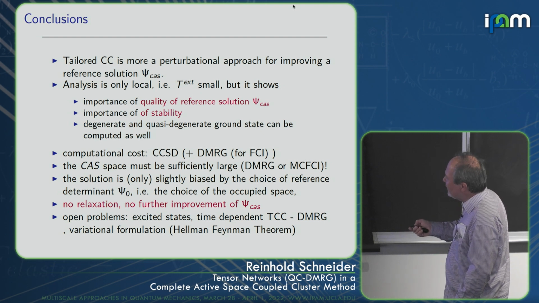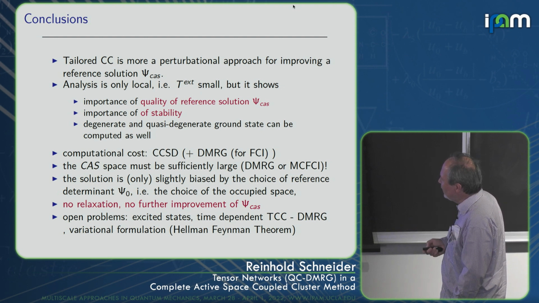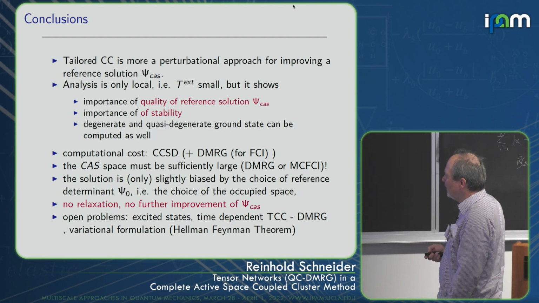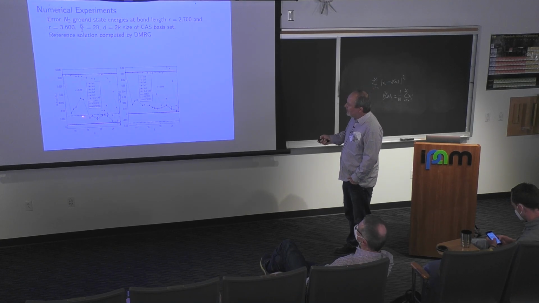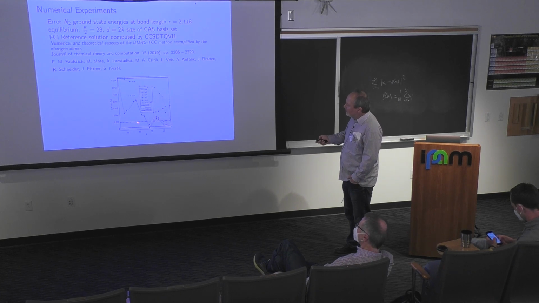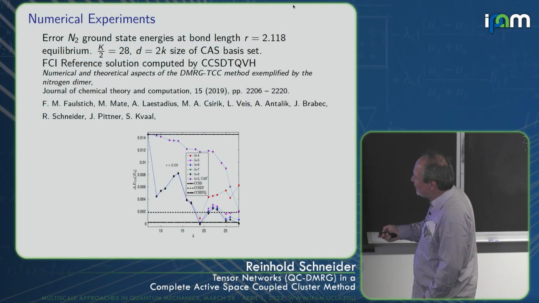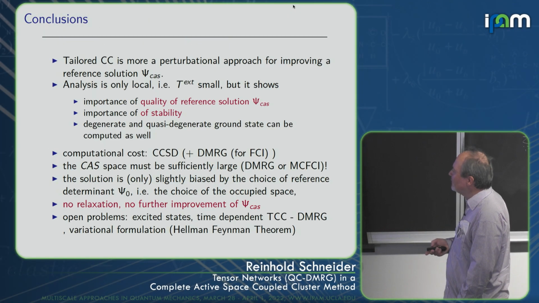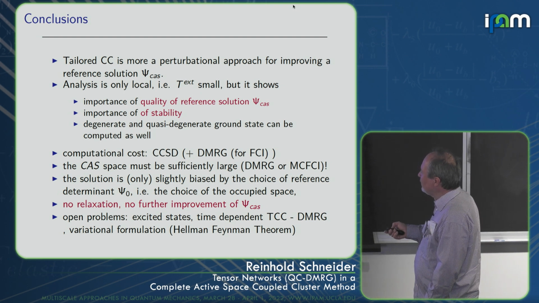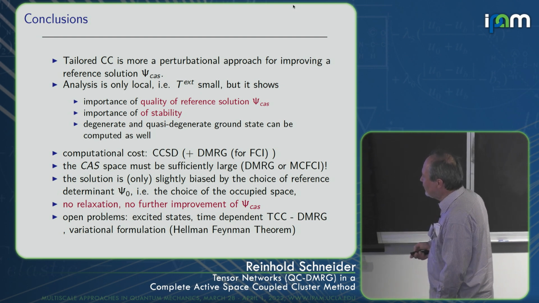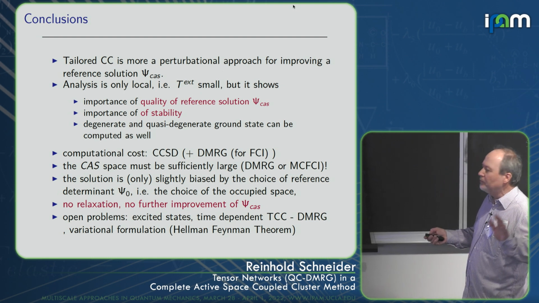So if K is large, so if you have a really large basis set, then the cost is dominated by the coupled cluster. But the whole thing already requires that your CAS space should be sufficiently large. So here you see the equilibrium, and we are interested in what is the optimal value here. But we are not really fearing the size of the CAS space up to a certain point.